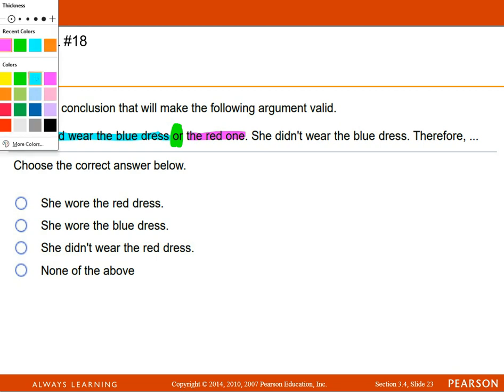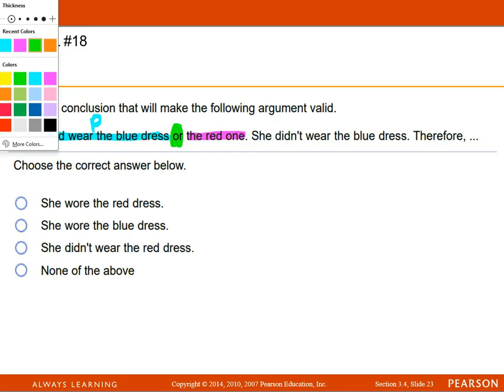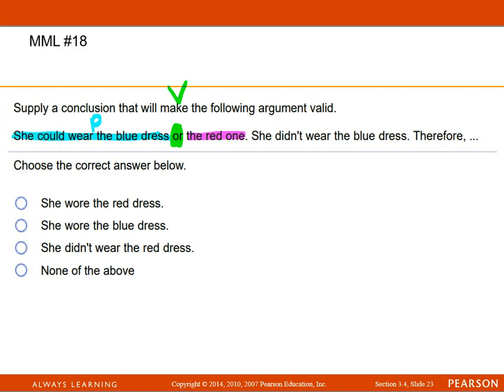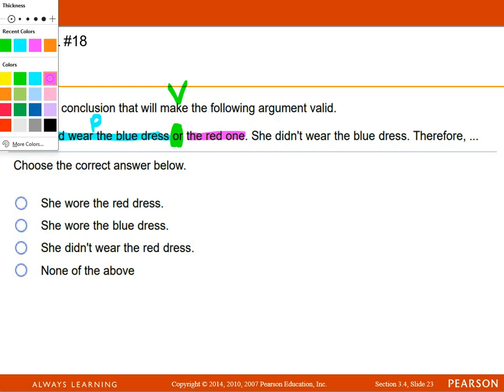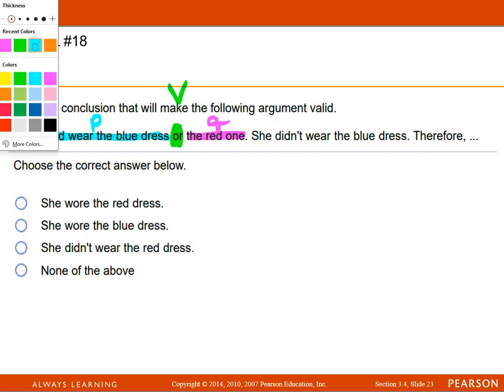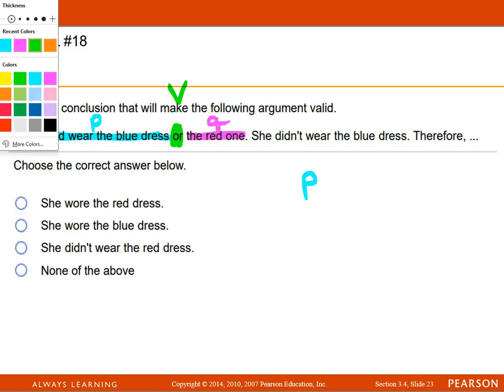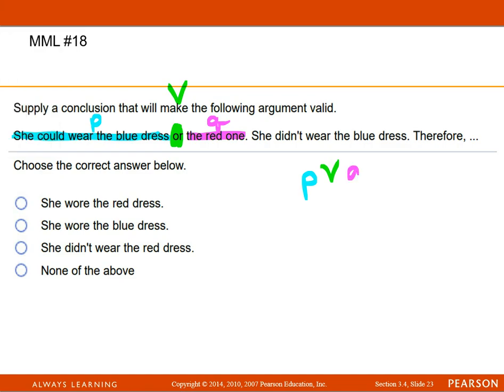So I'm going to let she could wear the blue dress be P. Then you have an or, which is a V, and the red one will be Q. So what we have here is P or Q. That's my first premise.